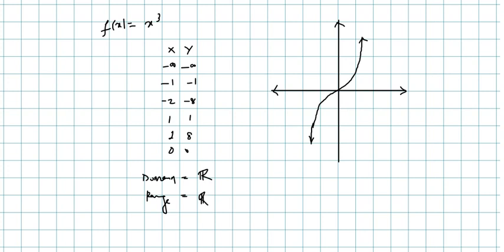You can also write the range as from minus infinity to plus infinity. This is another way of writing it. That is, the whole set of real numbers will be the range in the case of f of x equals x cube. Clear?